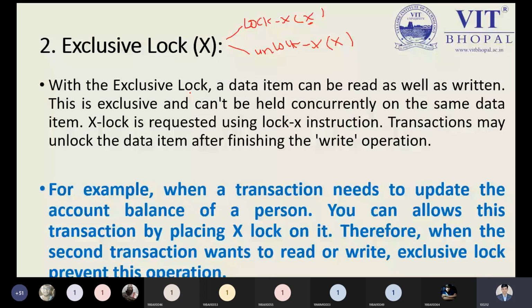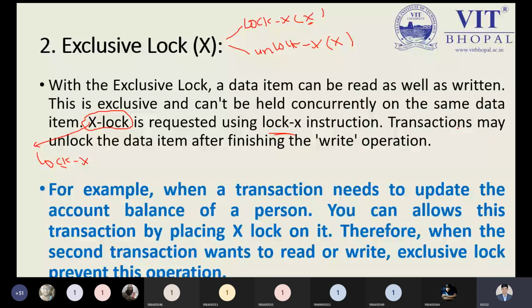The exclusive lock, written over here as X lock, you can write in this form like lock X. It's up to you, there is no issue, these are the same thing. An exclusive lock is requested using the lock X instruction like this one. I have written it over here.